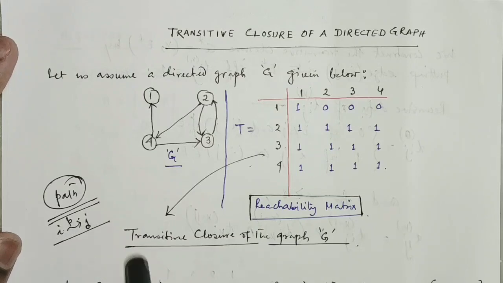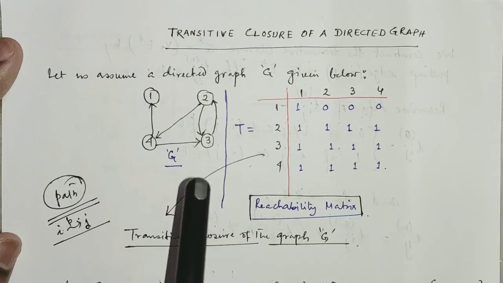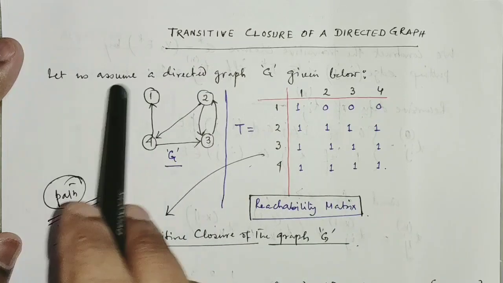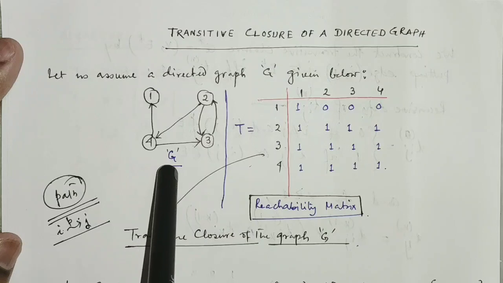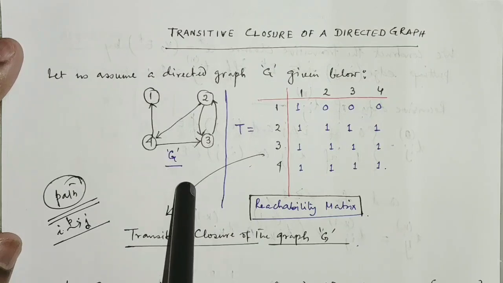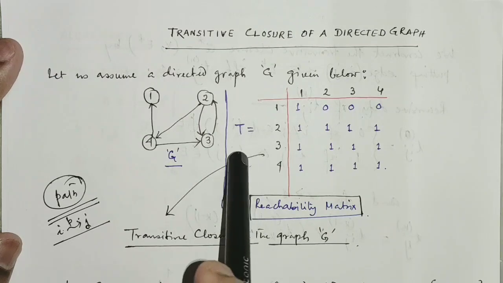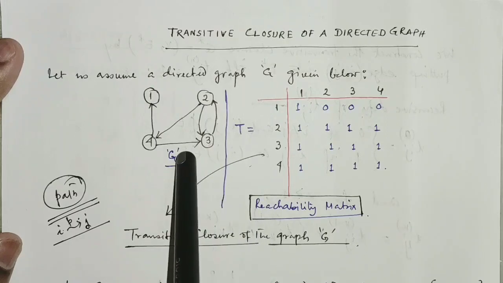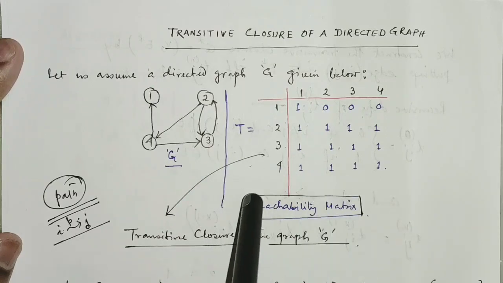Transitive closure calculation is also related to the calculation of a reachability matrix. If the directed graph is given, our assignment is to calculate the transitive closure, which means calculating a matrix that is the transitive closure version of this graph, normally called the reachability matrix.